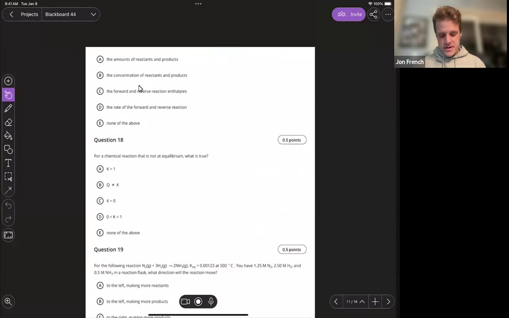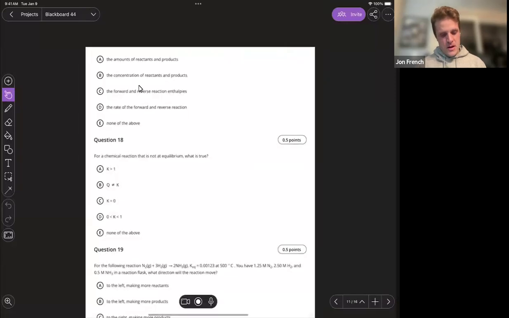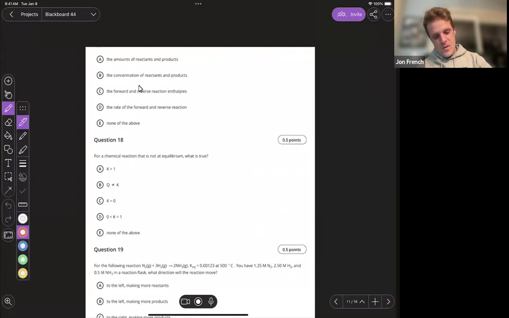I don't think my question makes sense unless I'm missing something. I should probably say what is equal, right? Maybe these sentences just aren't complete. The amounts of reactants and products are equal.